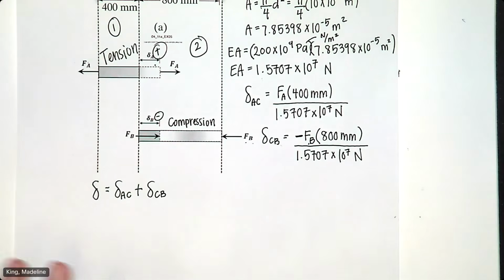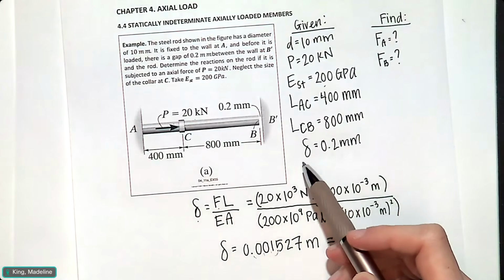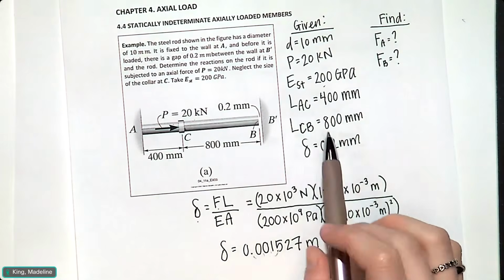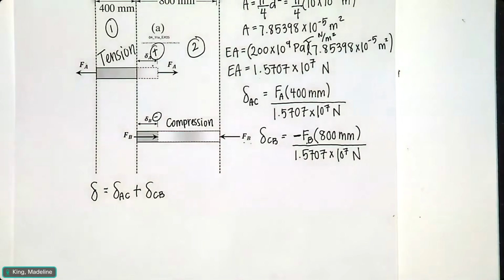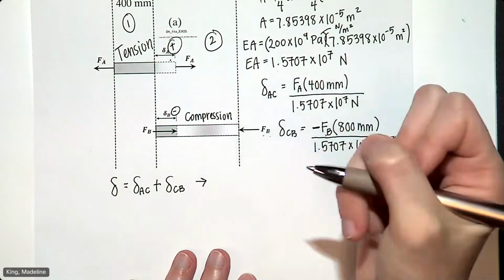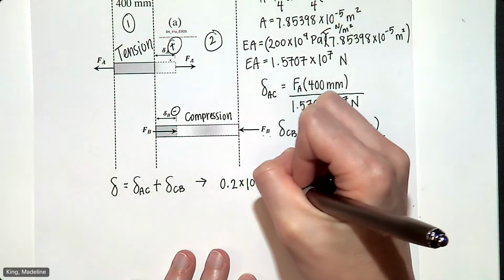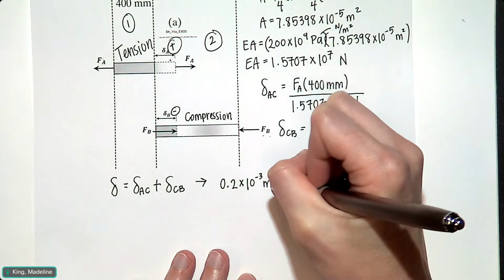We already knew what delta was, as that was stated in our problem statement: 0.2 millimeters, so 0.2 times 10 to the negative 3 meters.